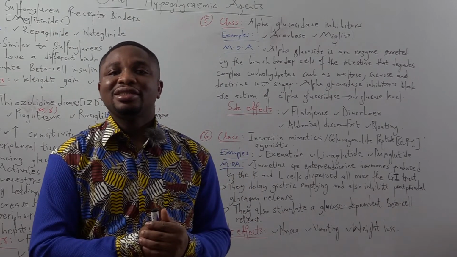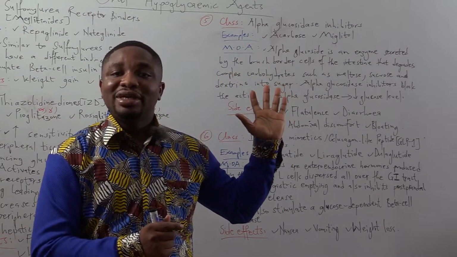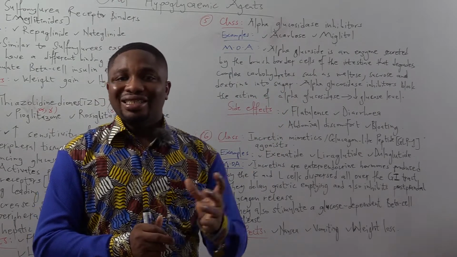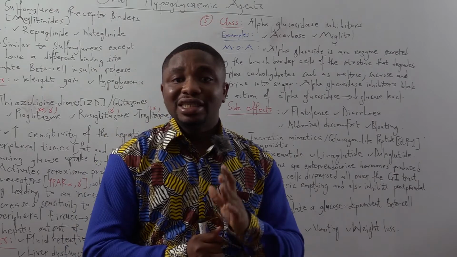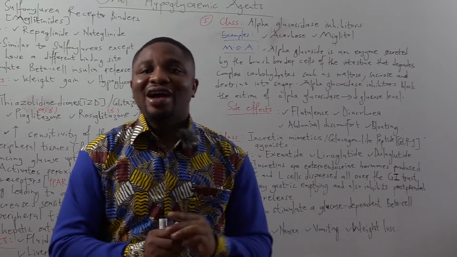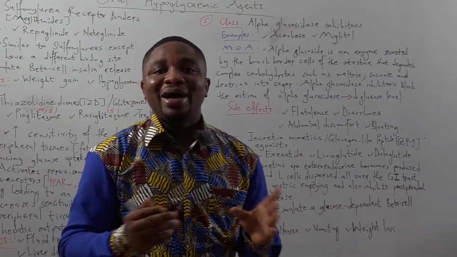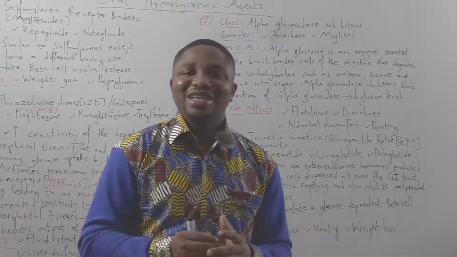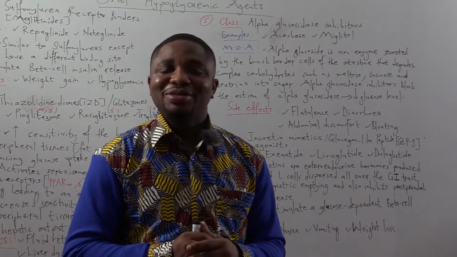And we are looking at hypoglycemic agents, which reduce the level of glucose. So the alpha glucosidase inhibitors will block the action or activity of alpha glucosidase, thereby reducing serum glucose levels. I believe we are catching the concept.